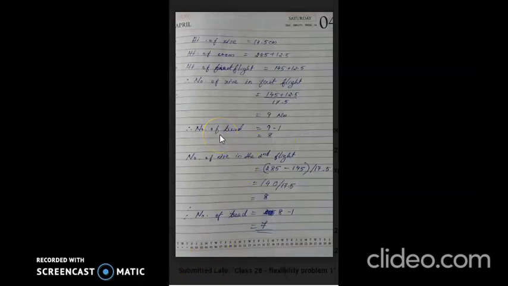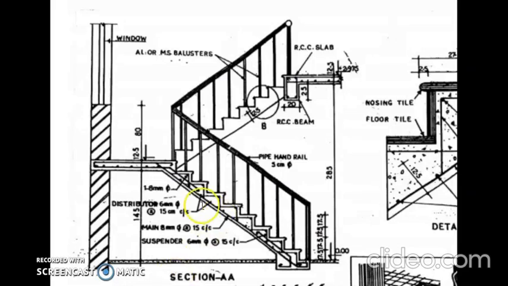And the number of tread should be less by 1 from the number of rise. Here we can see the number of rise 1, 2, 3, 4, 5, 6, 7, 8, 9. Also, the number of rise is 9, and the number of tread, you can count from here, 1, 2, 3, 4, 5, 6, 7, 8.